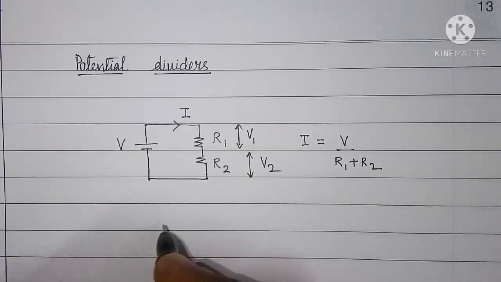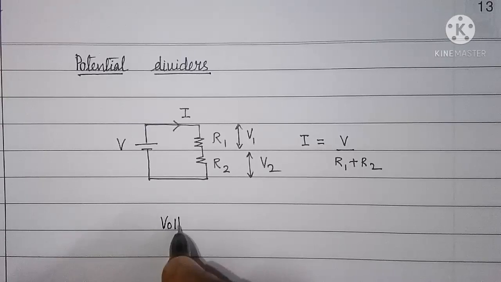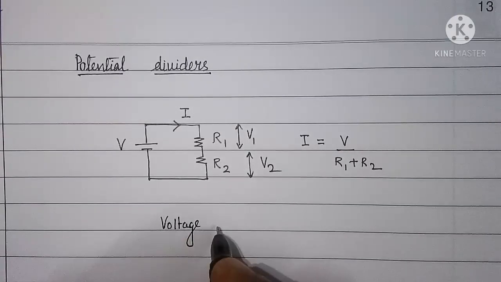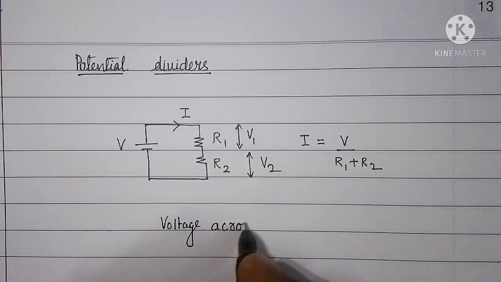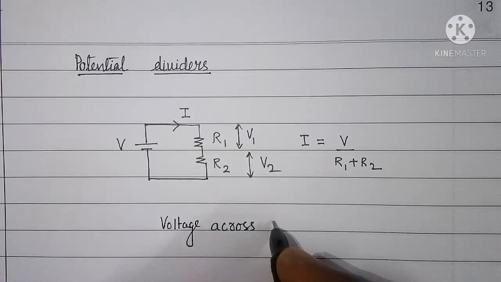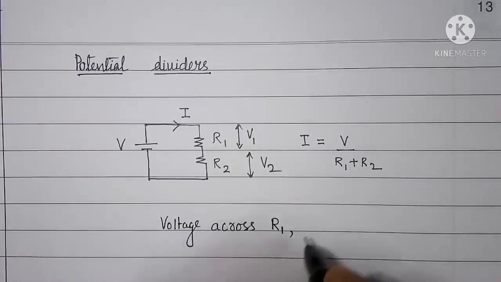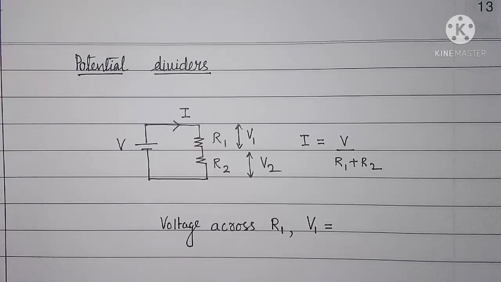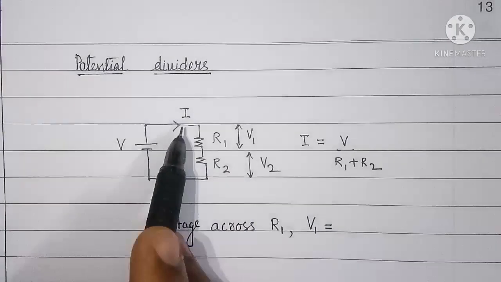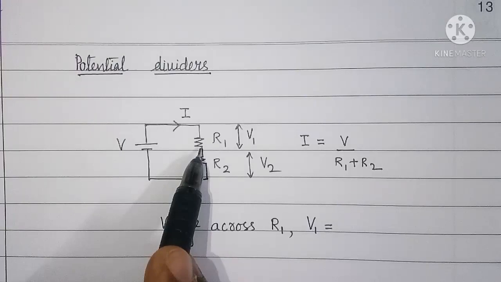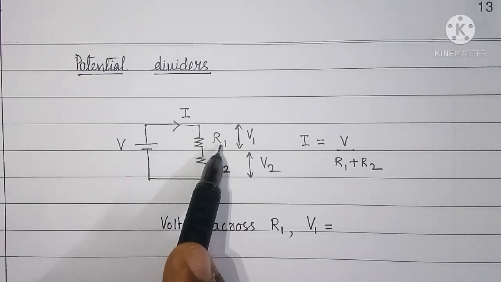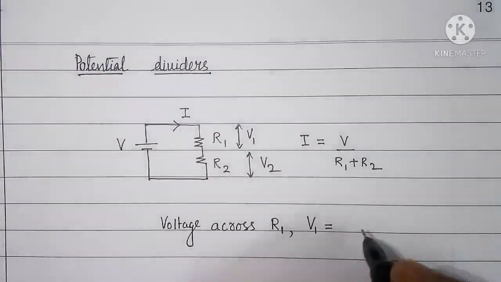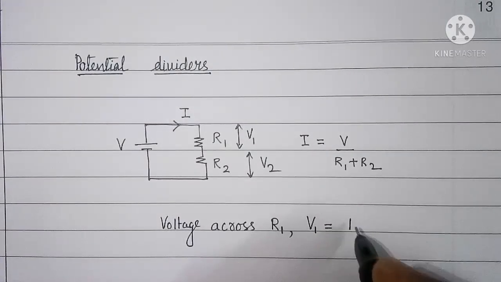Now voltage across R1, that is V1, is equal to the product of current I through resistance R1 and resistance R1, that is I times R1.